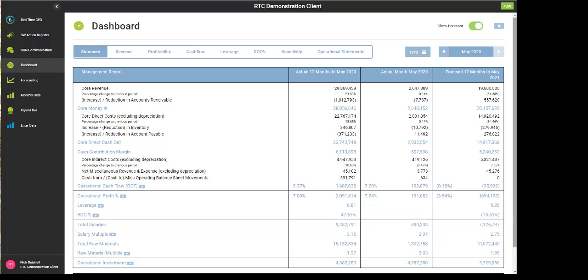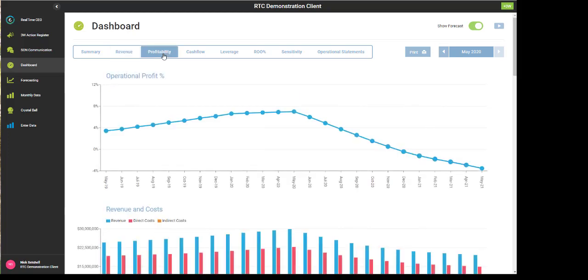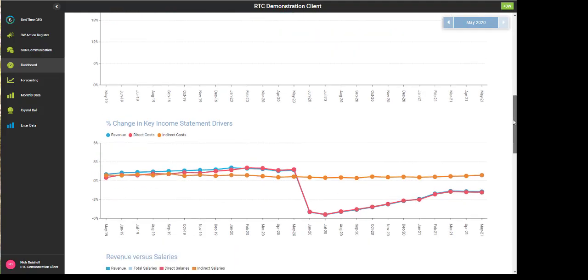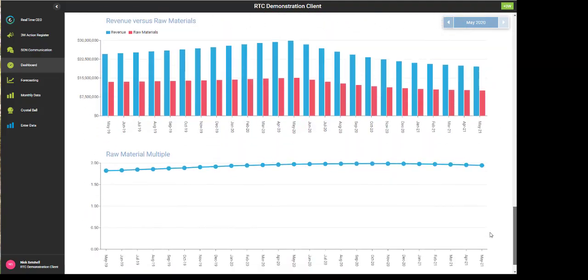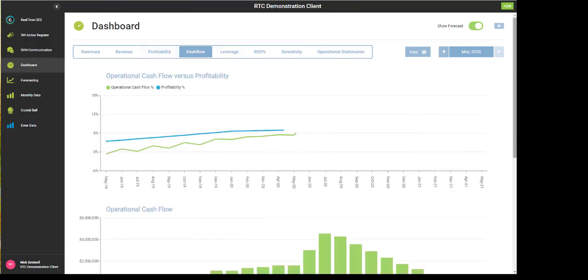Behind the dashboard, we then have trend analysis. Trend analysis that tells us about our top line revenue, trend analysis that tells us about our profitability, and all of the different components that influence our profitability. Trend analysis that tells us about our cash flow, which is plotted against our profitability to see how effectively we convert profit into cash.